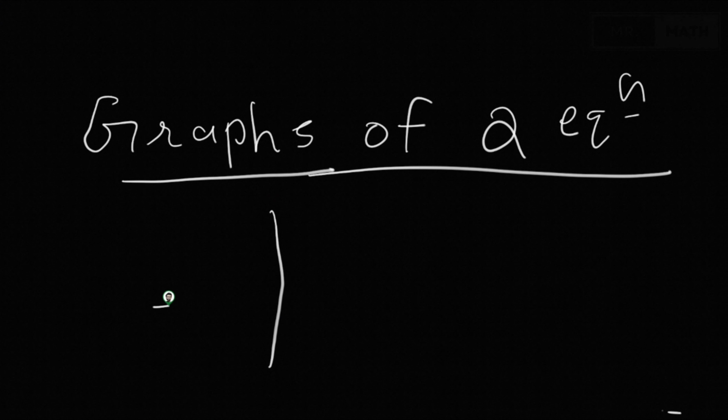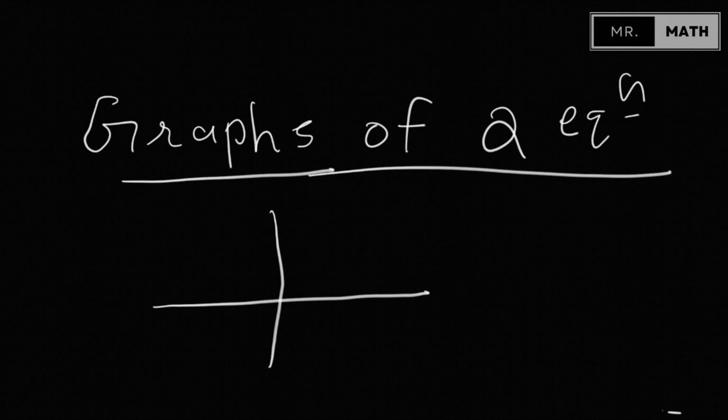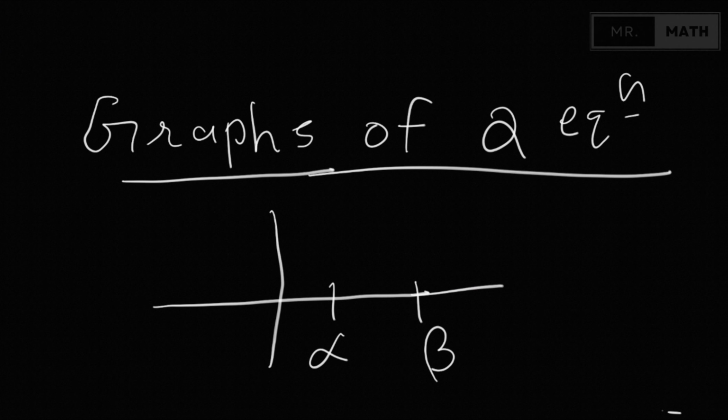So now let's take it simple. This is an x-y axis. If the two roots of the equation are alpha and beta here. Remember guys, if a quadratic equation has two roots, the graph will cut the x-axis twice.